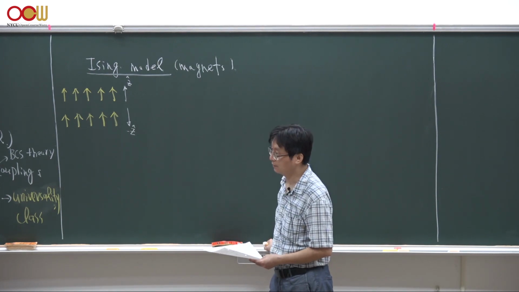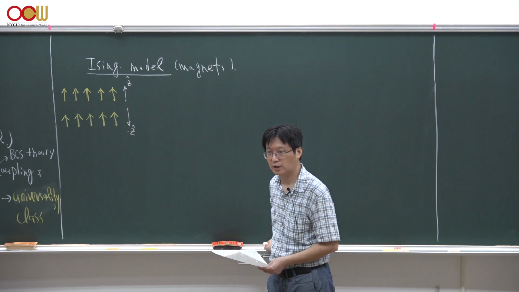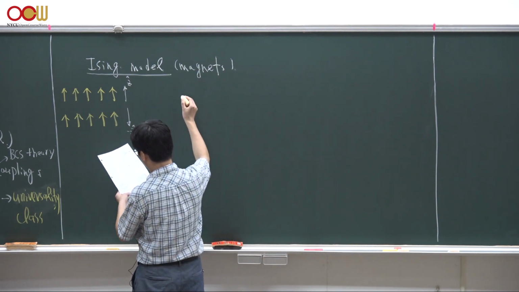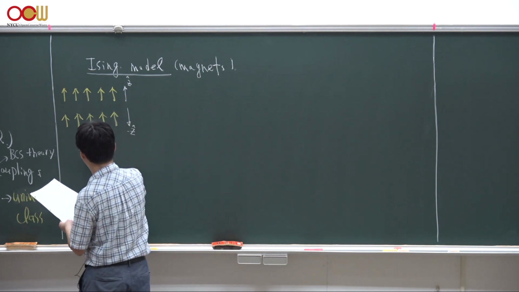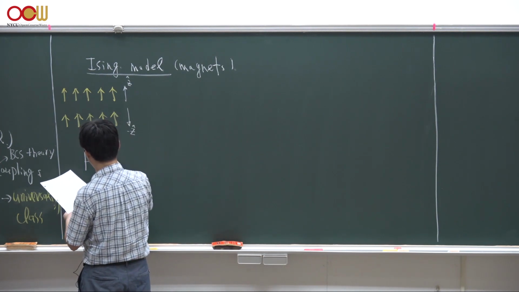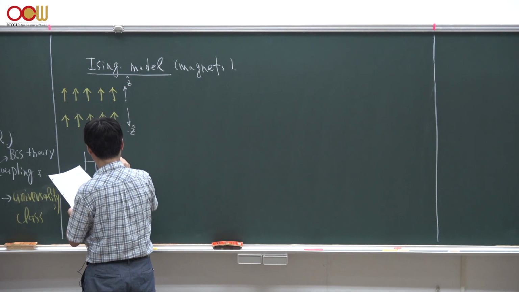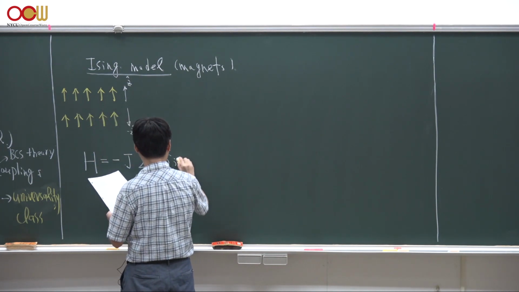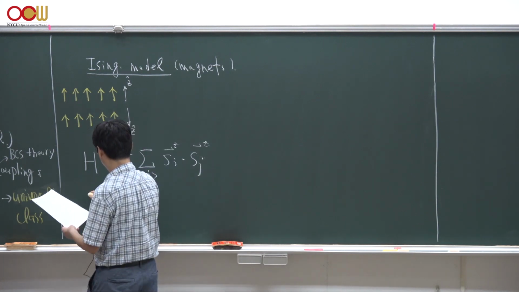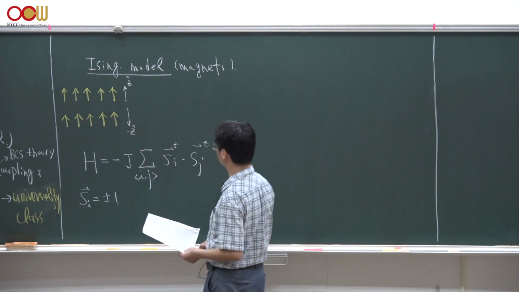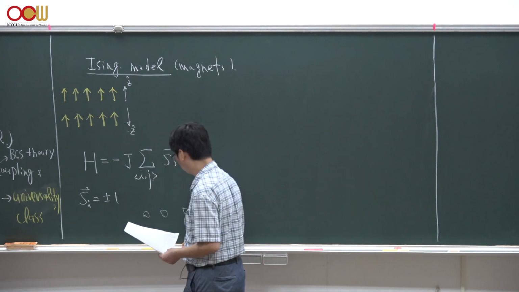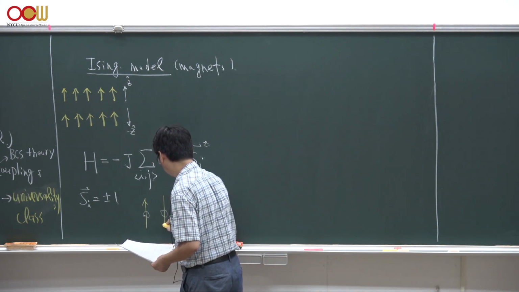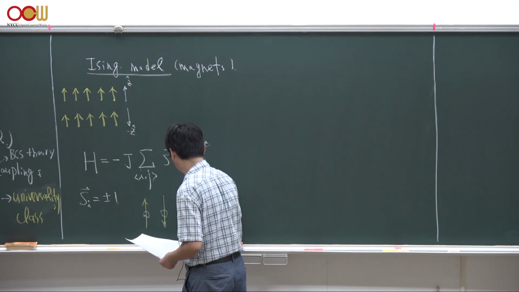And there are two types of Ising model, the ferromagnetic type or the antiferromagnetic type. We will discuss this in more detail in just a moment. So let me just define my Hamiltonian for an Ising model. Suppose this is the Ising ferromagnet, where we have some nearest neighbor spin interactions, and this S_i represents the spins on the lattice, and it takes a value only along this plus or minus z direction.